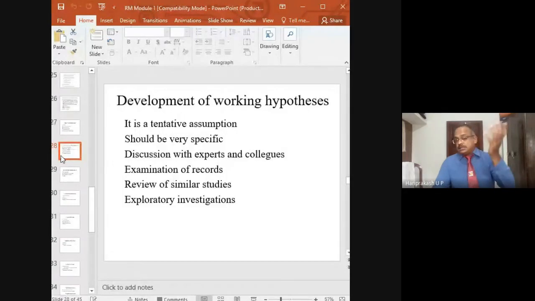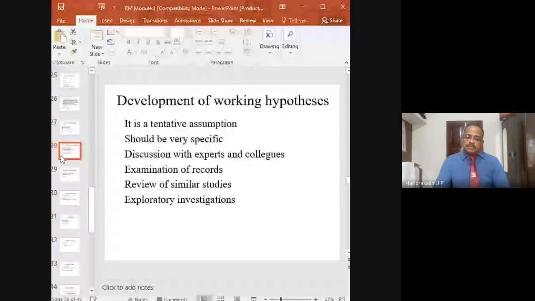We had discussed exploratory research, which is done to gain more insight and clear the ambiguity, through focus groups, in-depth interviews, and literature survey. These are the different methods of conducting exploratory research. By this, you will be able to develop a working hypothesis for the research.